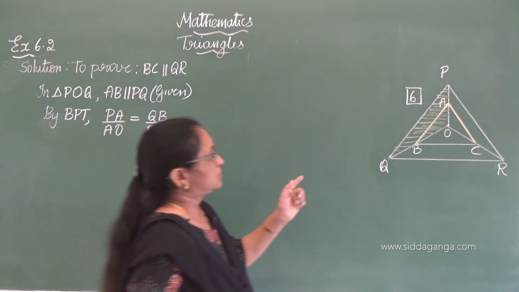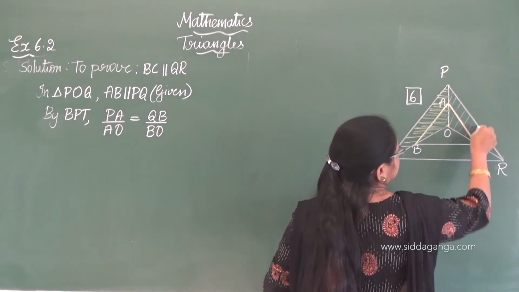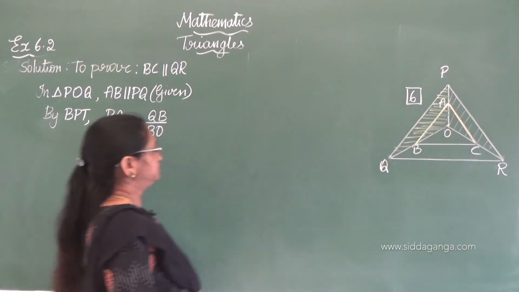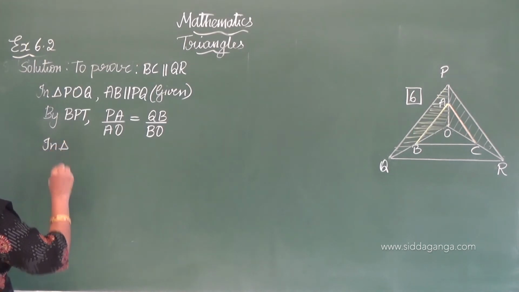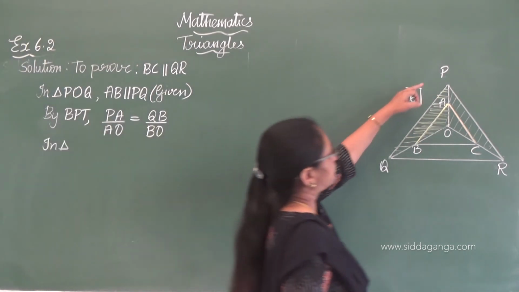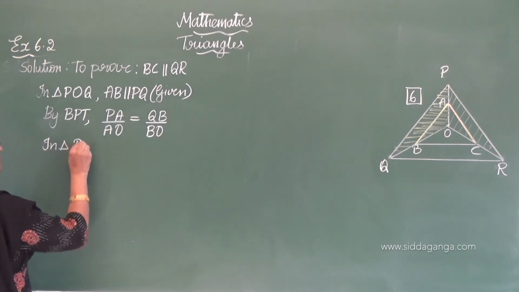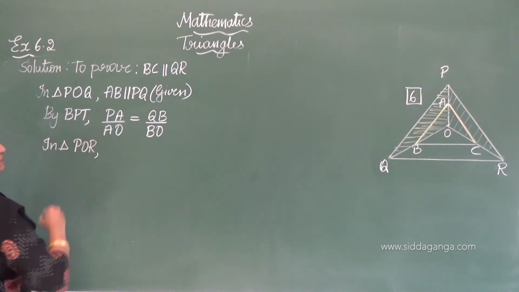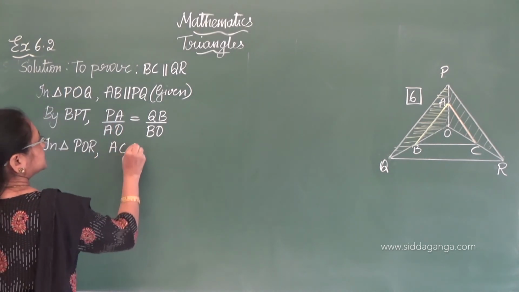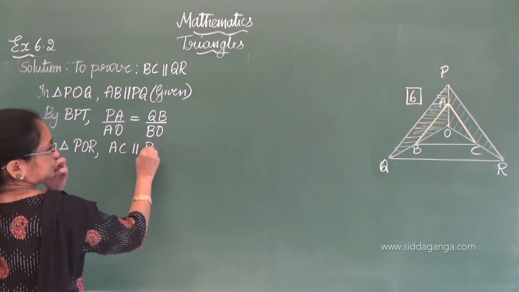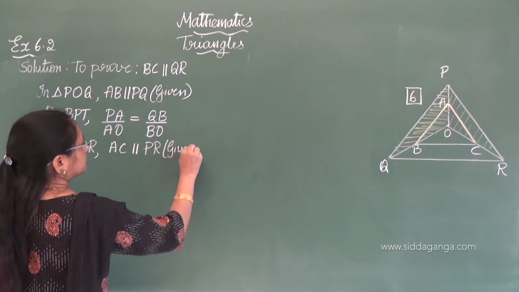Now, I will take the other part of the triangle, that is triangle POR. In triangle POR, AC is parallel to PR. That is also given. Correct?